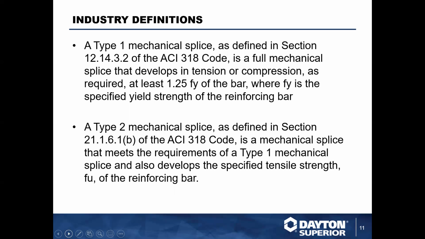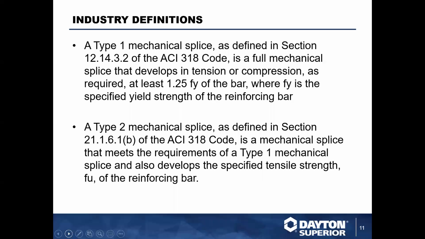So typically, if you have a reinforcing bar that is 60,000 PSI, we're saying that the coupler will yield 75,000 PSI.